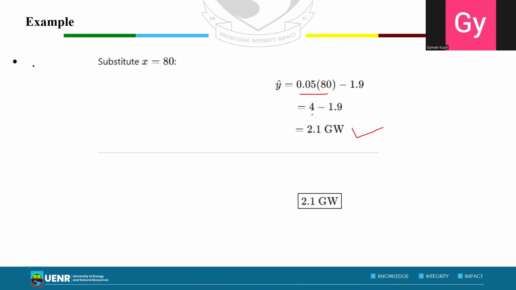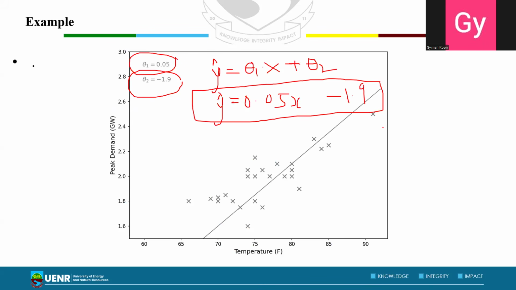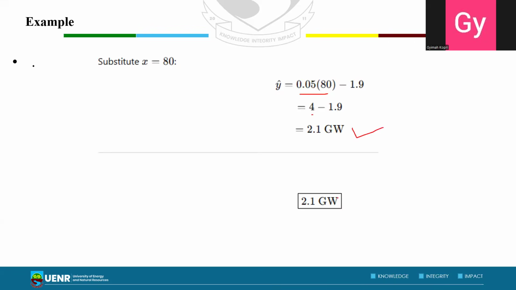Already, this is when we use our calculation. But when we look at the graph straight away, if I trace like this, to my left, I'll have a value of 2.1. So when we look at the actual thing, we are having 2.1, and when we did our calculation, we are still getting 2.1.